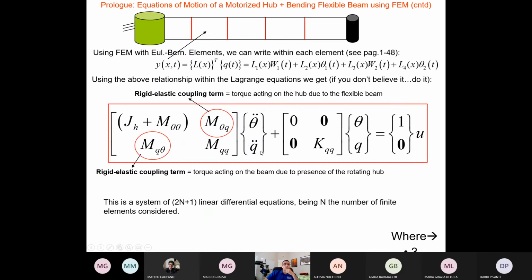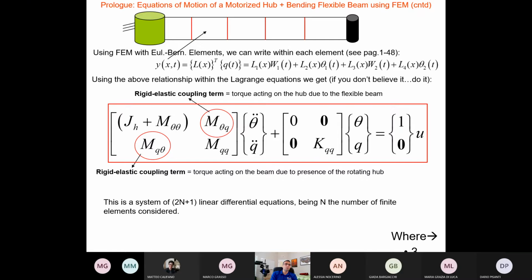And so if you basically follow what we saw yesterday, using the finite element approach to the Euler-Bernoulli beam, you have your shape functions L1 through 4, and you can eventually write your discretized model for the system, where the mass matrix has off-diagonal components that represent the rigid-elastic coupling terms.